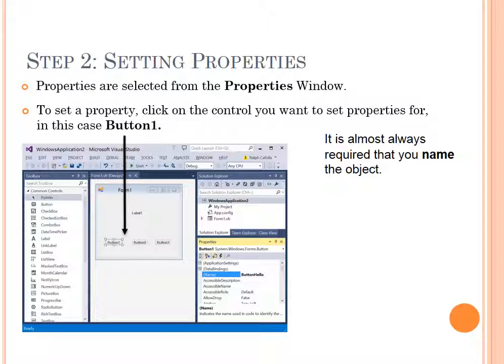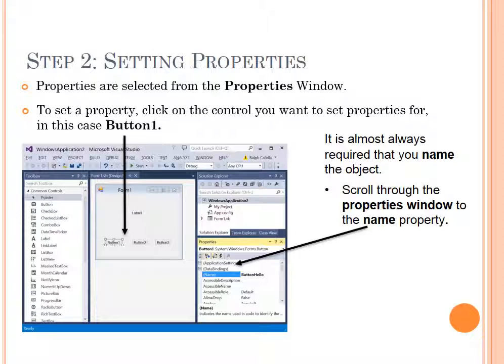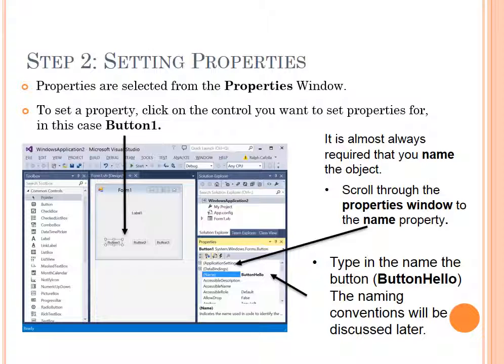Again, when you create a new object, you have to give it a name so that we can then refer to it. Okay? Now, what you're going to do is scroll down the properties up and down until you see the name property. Okay? The names of the properties are in the left-hand column. Then what you're going to want to do in the right-hand column is type in the name of this specific button.